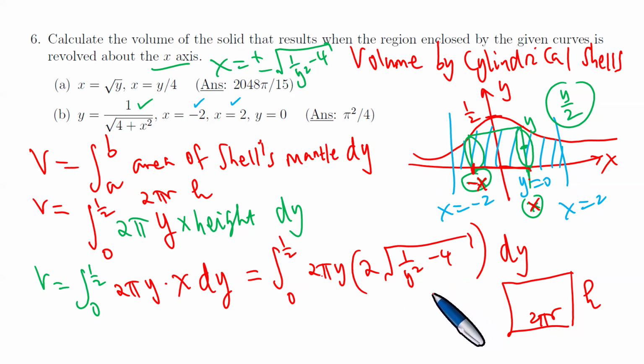Note that when you are doing this calculation, you need to always use the fact that it's 2 pi y dy. Why is this? The volume formula, for instance the one that we did in the textbook, is the integral from a to b of 2 pi x f of x dx.